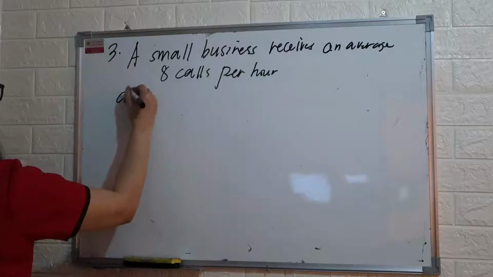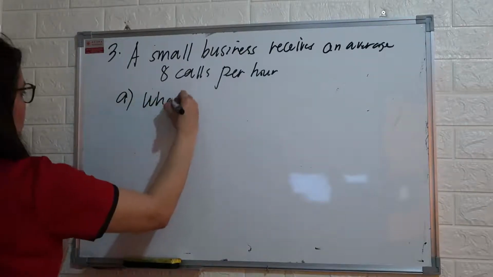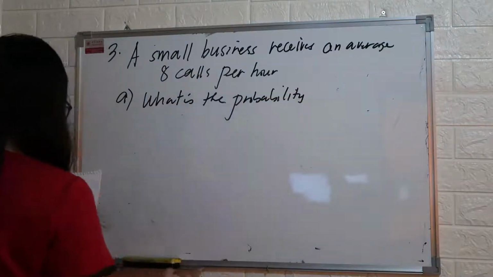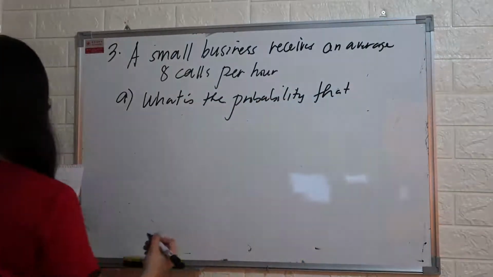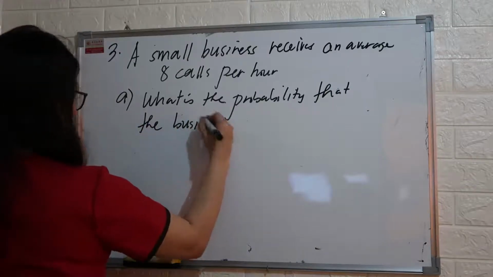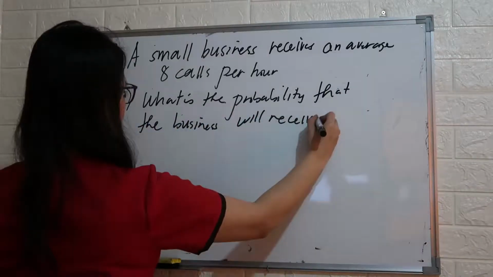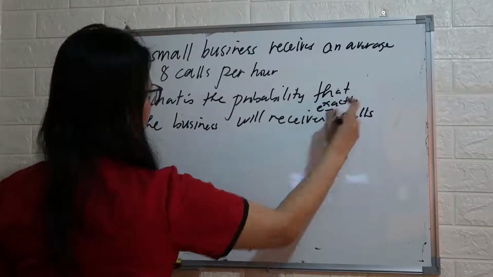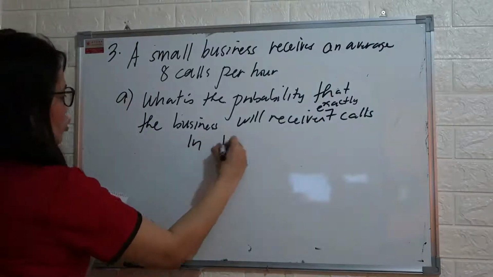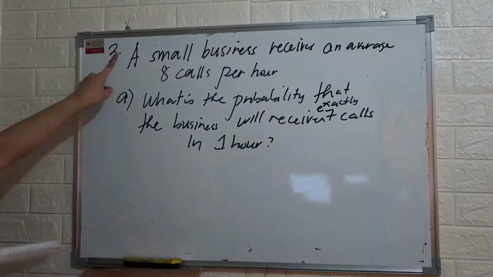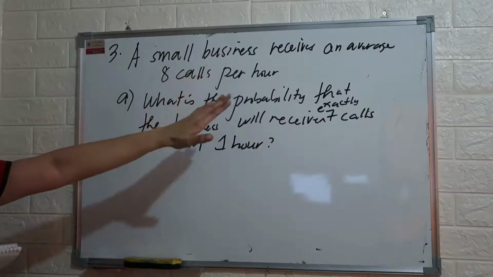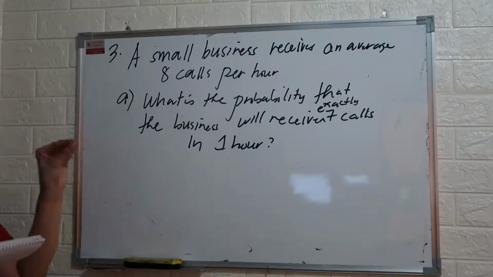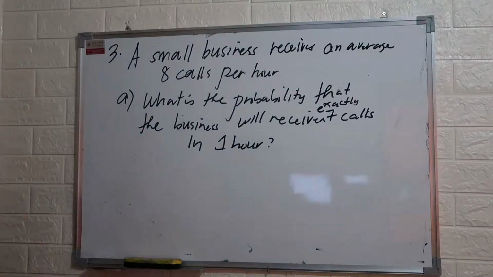Letter A: what is the probability that the business will receive exactly 7 calls in 1 hour? A small business receives on an average of 8 calls per hour. What is the probability that the business will receive exactly 7 calls in 1 hour?